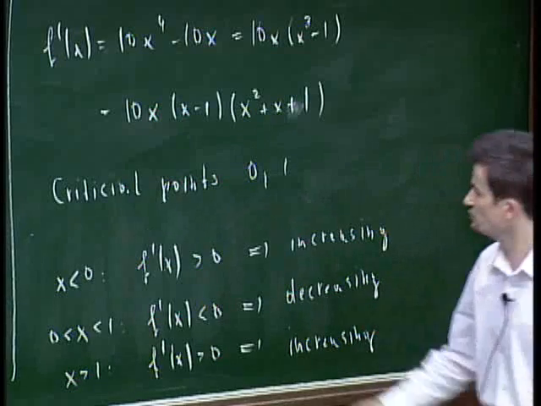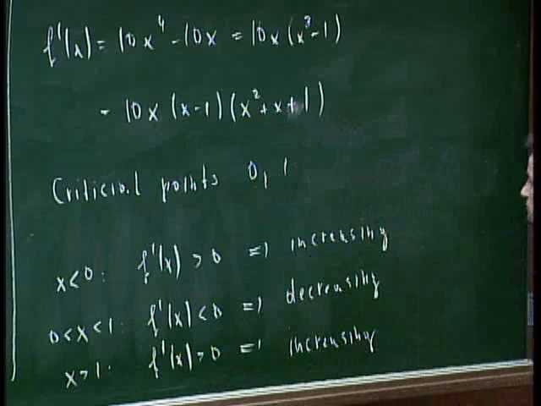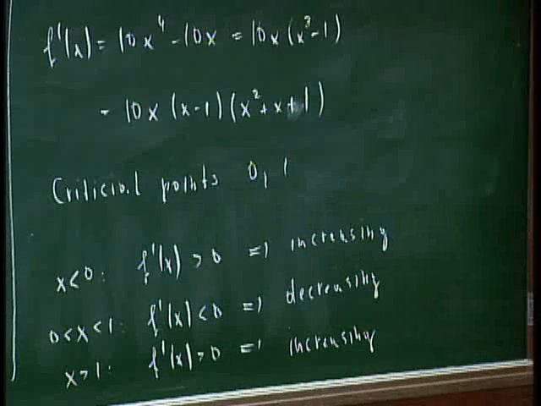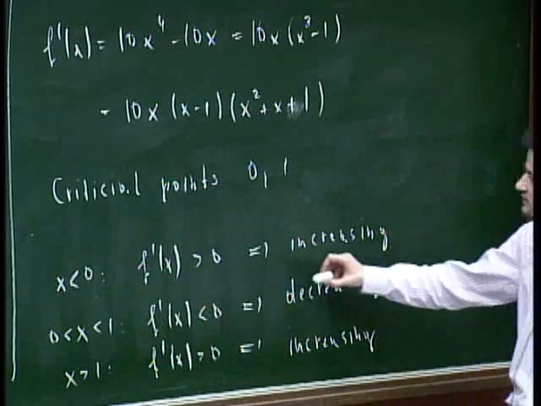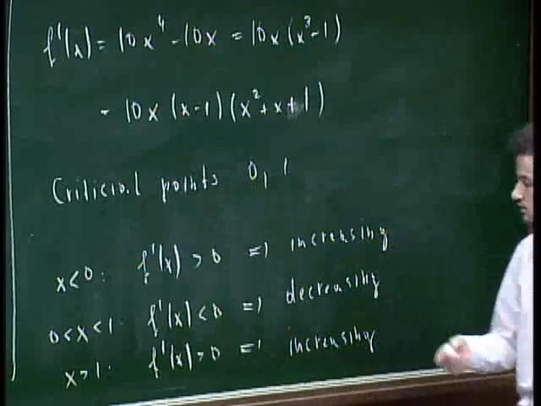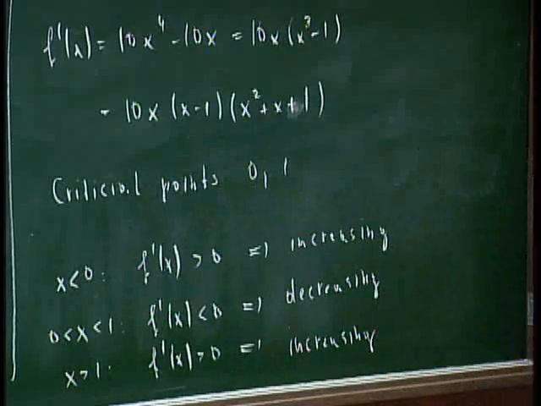Because these are the only critical points, the monotonic behavior will change at both points. At 0, we go from increasing to decreasing. So 0 will be a local maximum, and 1 will be a local minimum.